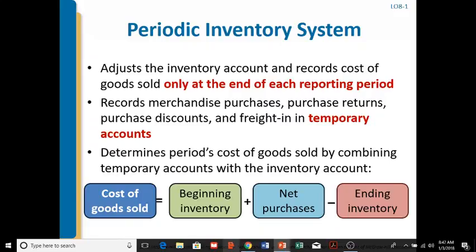Through their temporary account called purchases, they know how much inventory they've purchased during the year. And so they know how much they have that's available for sale, because beginning inventory plus purchases equals cost of goods available for sale.